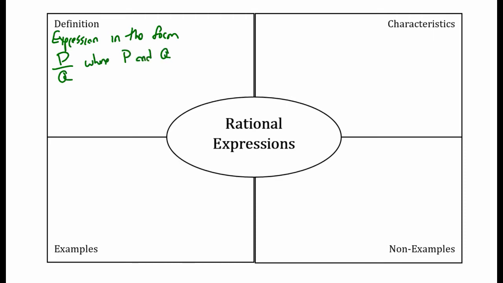So it's a fraction, but there's a polynomial on the top and bottom. And q cannot be 0. So a rational expression is an expression in the form p divided by q, where p and q are polynomials, so I have a polynomial up top, a polynomial on the bottom, and we have to make sure that q is not equal to 0, because we can't divide by 0.